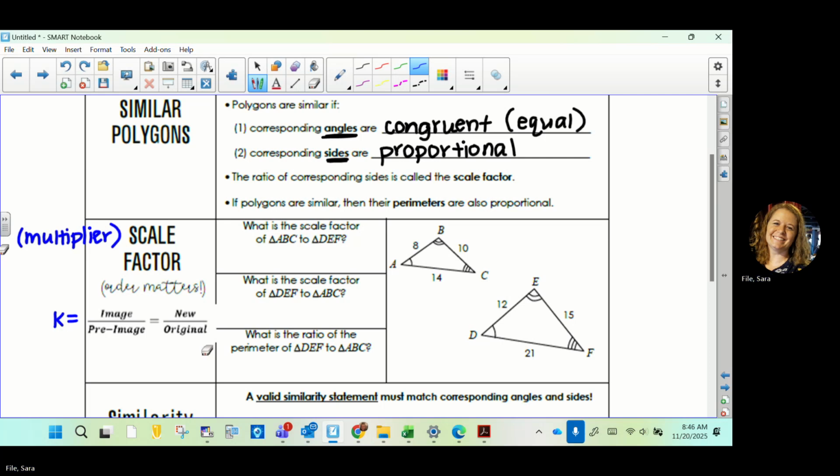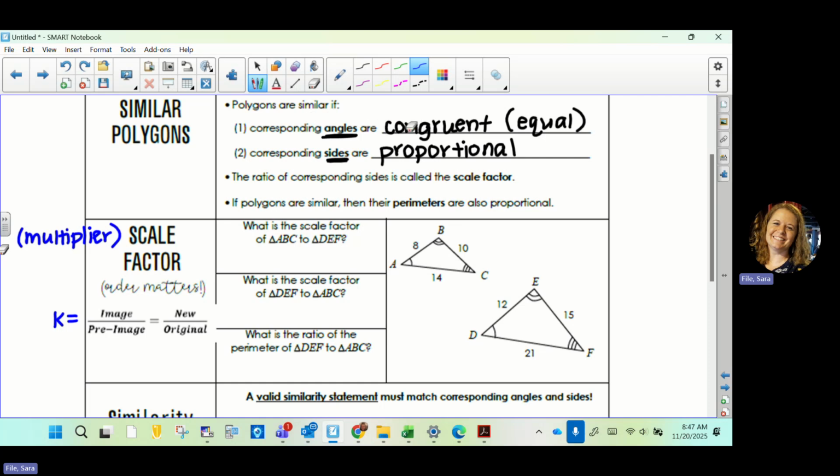So if I have two shapes and I'm told that they're similar, and I actually don't need to be told in words that they're similar because these markings tell me. See how A is congruent to D, B is congruent to E, and C is congruent to F? All the corresponding angles are congruent. That's what makes a similar polygon.